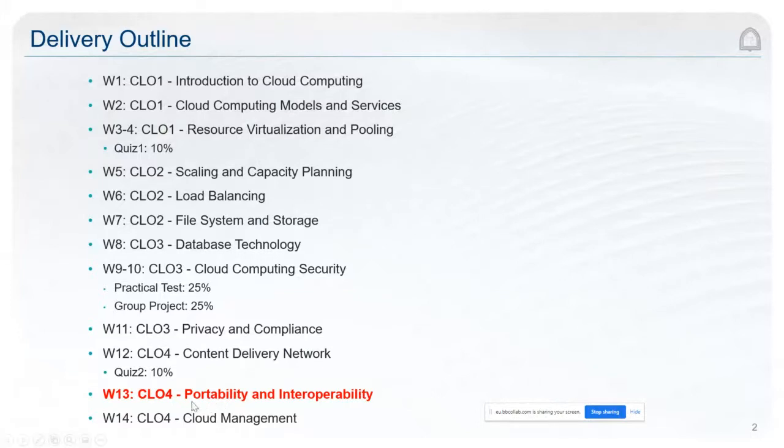Next week we'll cover cloud management, and next week will be the last lecture. I think it's going to be the last lecture because of week 14, and then you will concentrate more on the project. We will talk about the project and help you to finish the project.